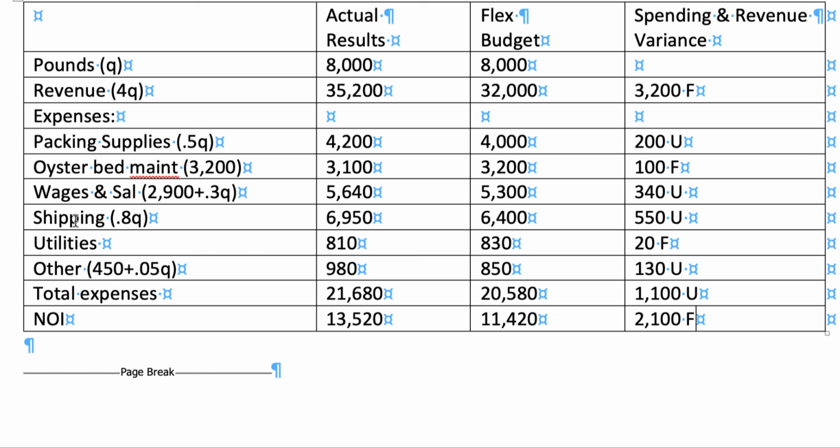But in essence, my increase in revenue, meaning the difference between what revenue I actually earned versus what the flex budget said I should have earned, was higher and offset the difference between the favorable and unfavorable variances with the expenses.